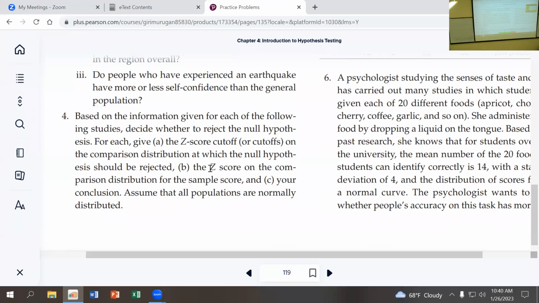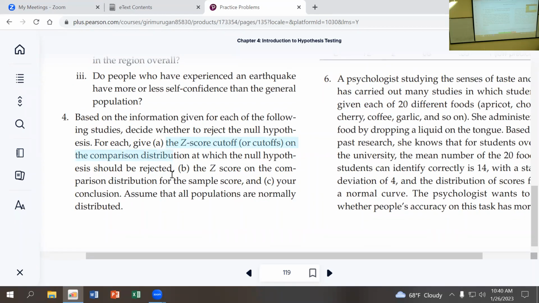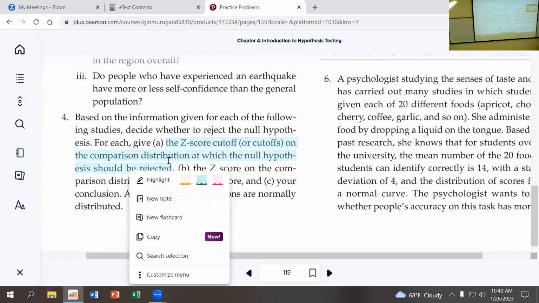Hence, they gave that statement at which the null hypothesis should be rejected. I would like to add, it is not simply at. It could be greater than, less than. So it's not exactly one value.